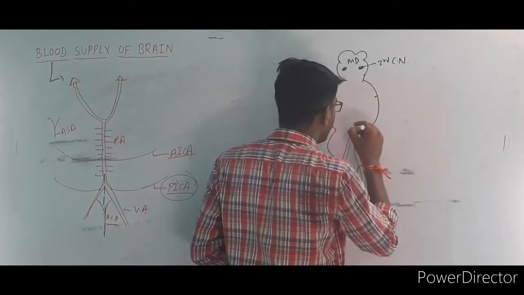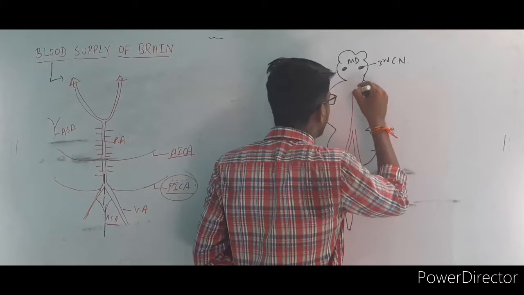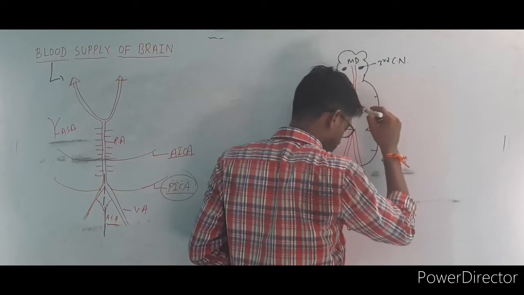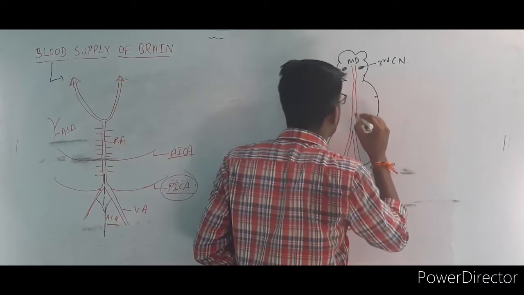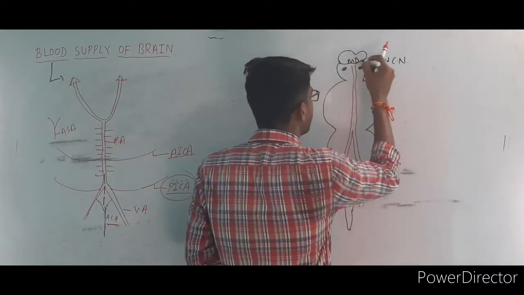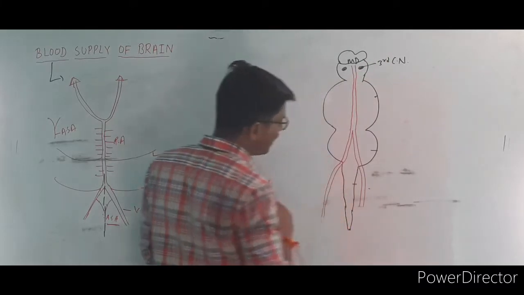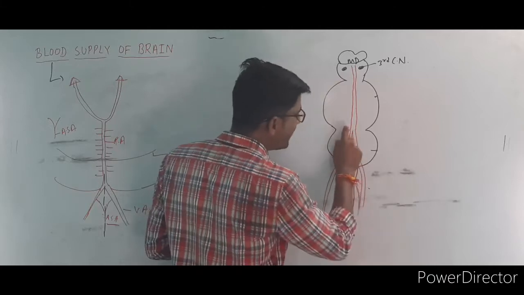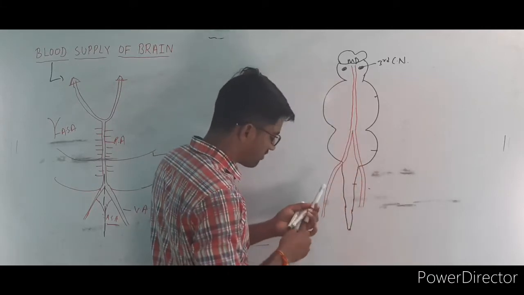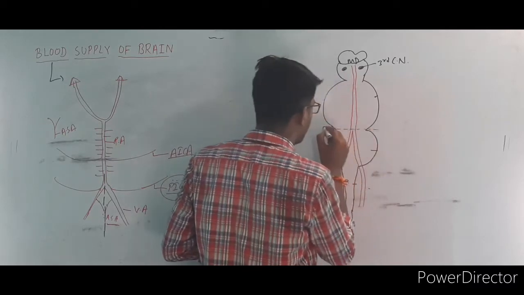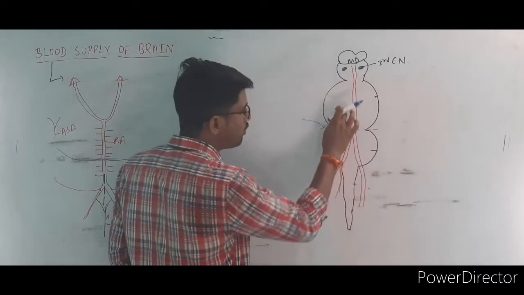They join and go upward. Two vertebral arteries meet at the level of what? Pontomedullary junction. This is pons and this is medulla.